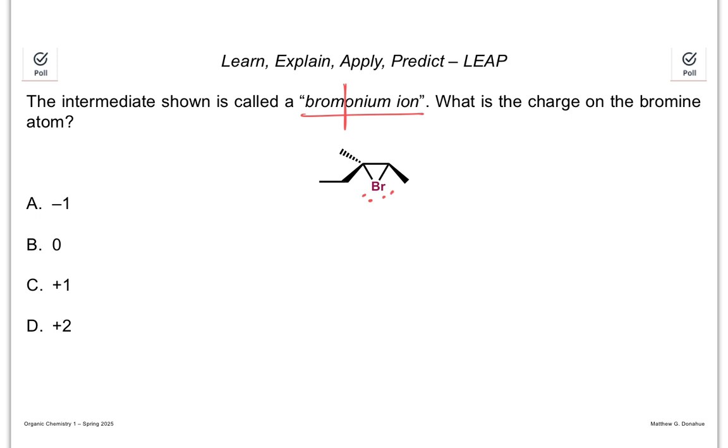So when we look at the responses here, in terms of determining the charge, we could eliminate those. And then ultimately you'll find that that's a +1 charge on bromine if you use that formal charge equation. Again, that was the group number in the periodic table minus the number of lone pairs minus 1/2 the shared electrons.